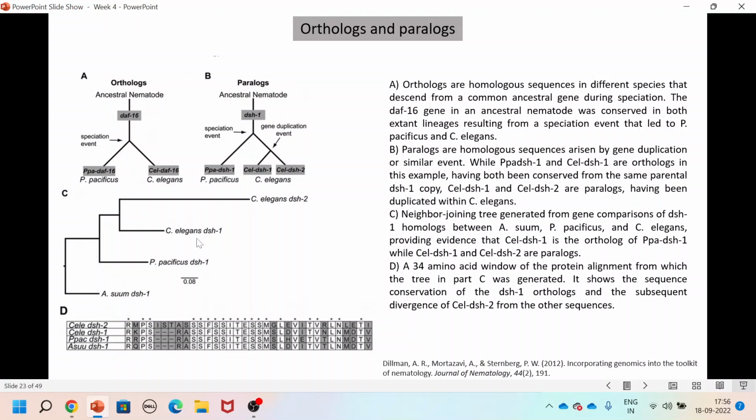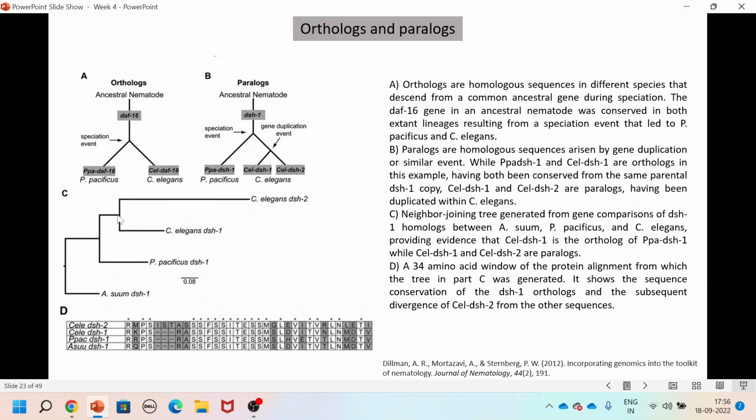So the point is there must be a common ancestor. You can see this node where the gene duplication event is happening, right? So there is some gene which is present at this stage.